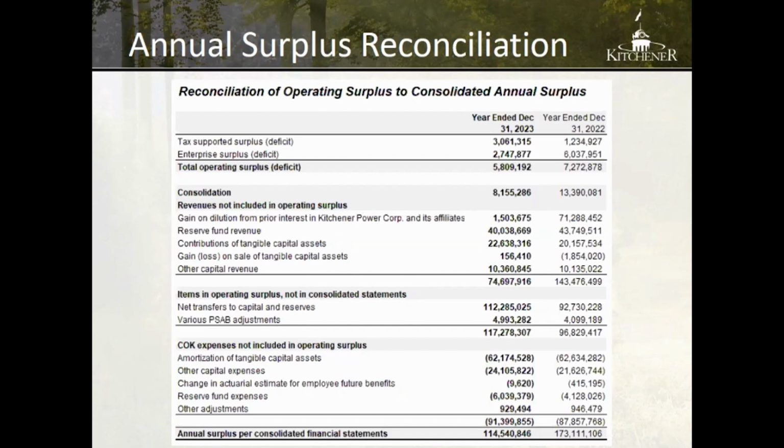Some of the larger adjustments required to comply with PSAB relate to the city's tangible capital assets, or TCA. For example, the recognition of revenue from contributions of TCA and an expense for amortization of TCA.